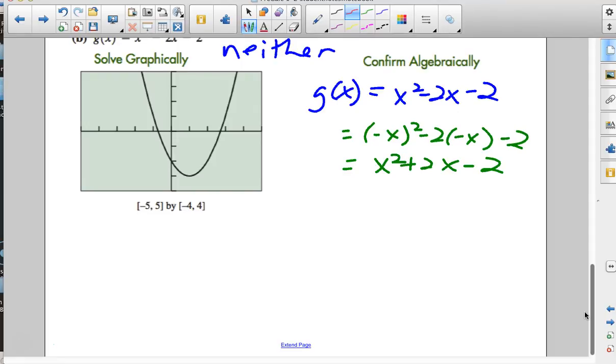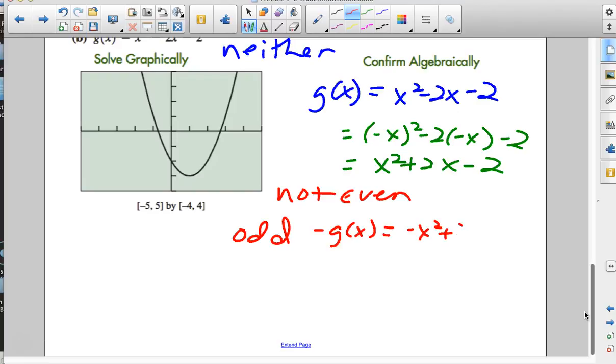So it's not even. And if it were odd, we would have the opposite of everything that we see. Is what we had in the green, negative x squared plus 2x plus 2? No, so it's not odd either.